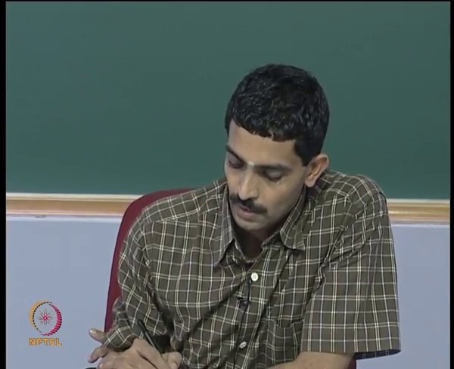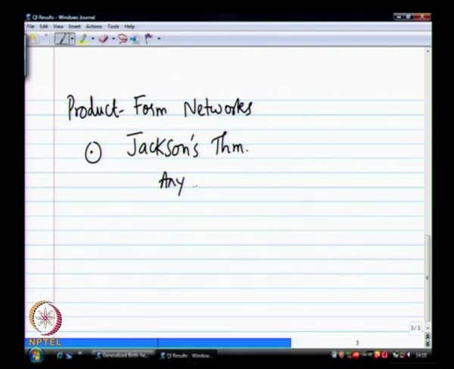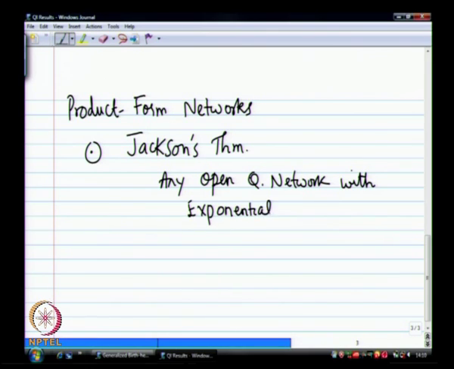So what Jackson proved, this is Jackson's theorem, showed that any open queuing network with exponential service times also is a product form.